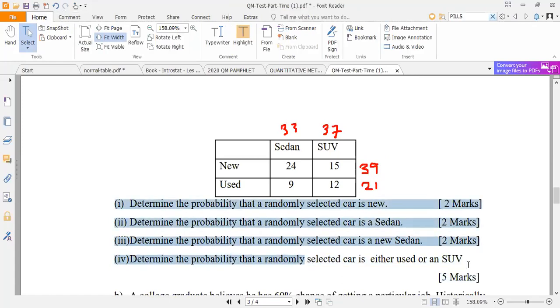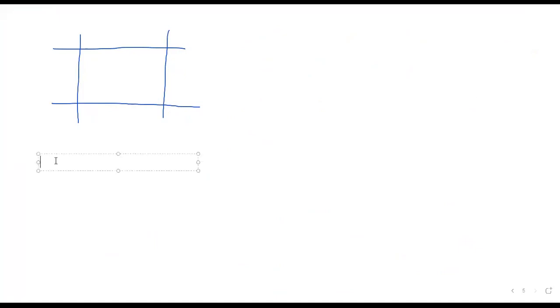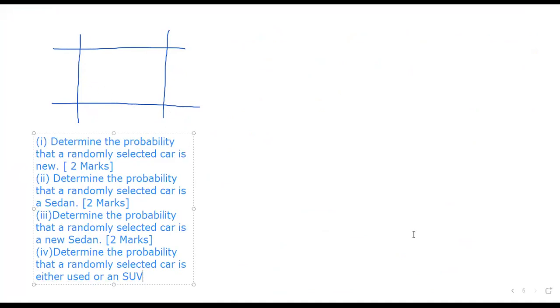So capture that, give me the figures as you take them on the worksheet. Here we had new, here we had used.